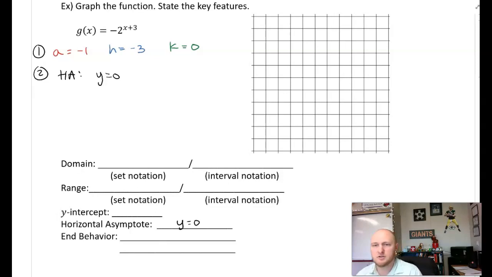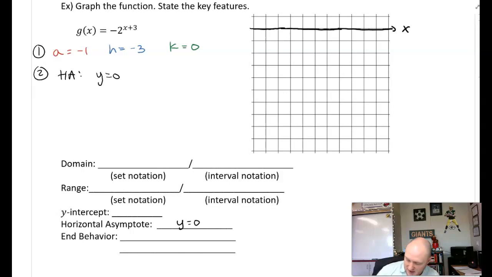That's our horizontal asymptote. So with this graph, before I go ahead and place my x and y axis, I want to comment that we have an a value of negative 1. With an a value of negative 1, that's going to cause a reflection. So I'm going to go ahead and place my x-axis up more. I'm going to place it up here. And I don't have any translations up with my asymptote.